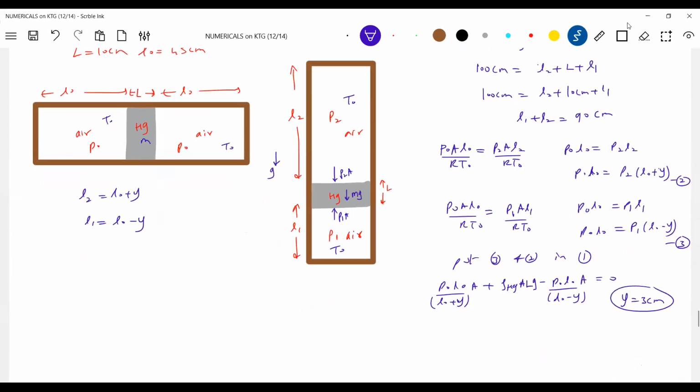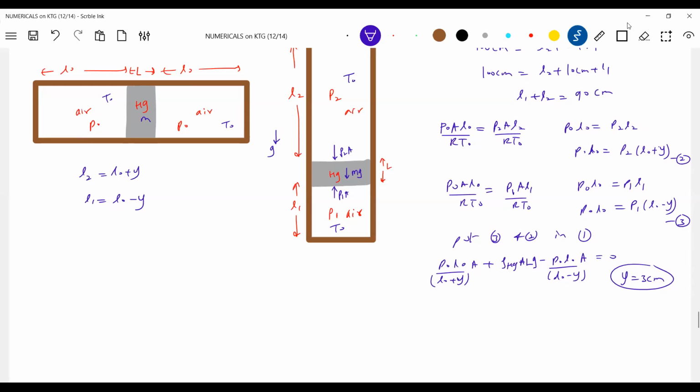So the next part: atmospheric pressure P naught equals 76 centimeter into density of mercury into G. I'll write one equation: 76 centimeter density of mercury, L naught, A anyway gets eliminated, by L naught plus Y. Now you see, only Y and 76, that rho Hg gets eliminated.